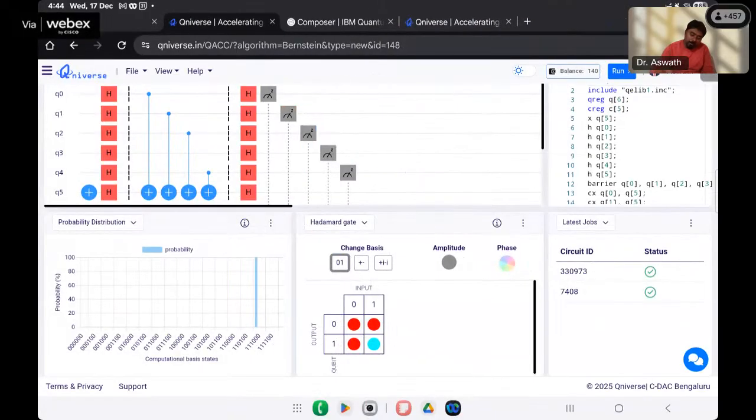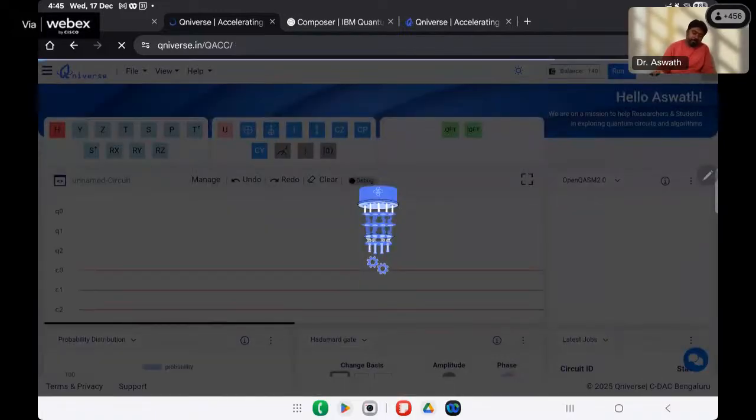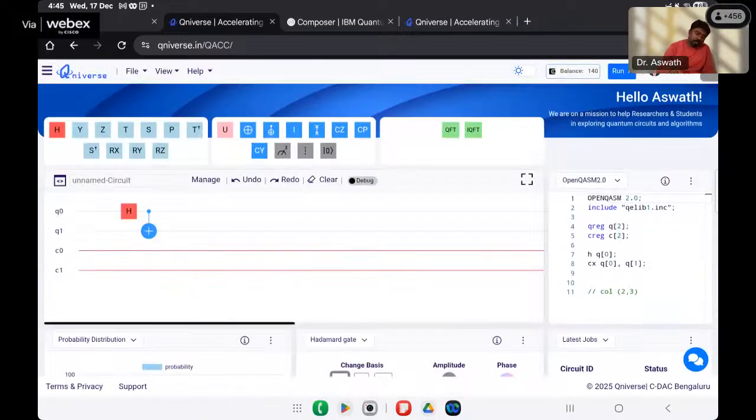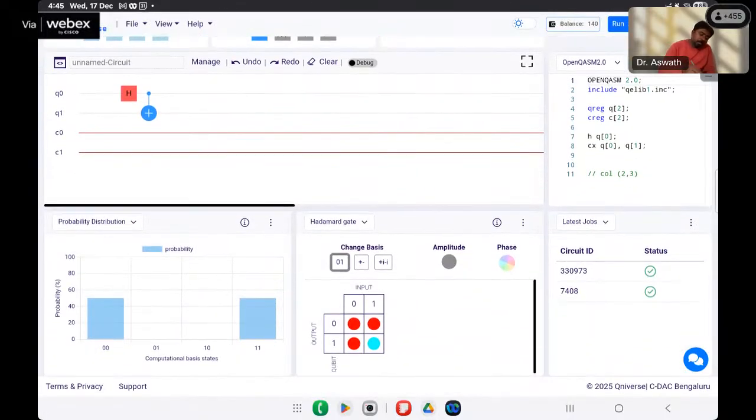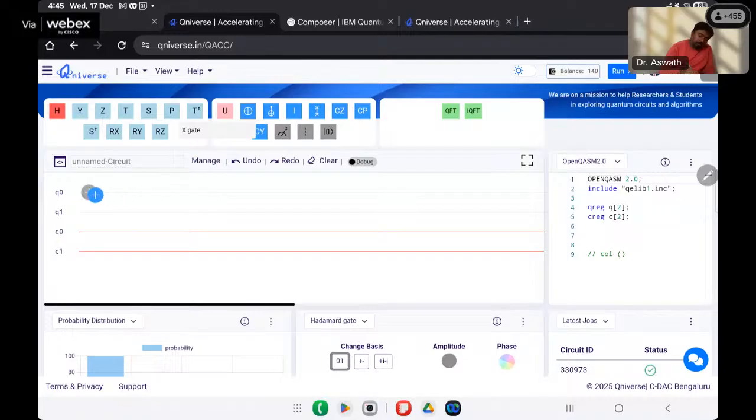The best way to do it is, let's start a simple quantum composer. Let me remove everything. Now both the qubits are in 0 0, so I can't differentiate which is written on the right and which on the left. So I'll take a NOT operation and act on the first qubit.